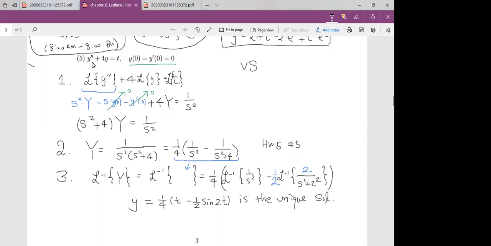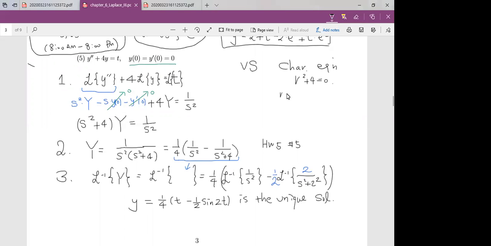Actually, this is a second order non-homogeneous equation, and we once discussed how to find the general solution and then the unique solution. The characteristic equation is r squared plus 4 equals 0.